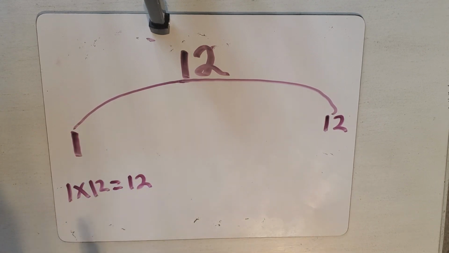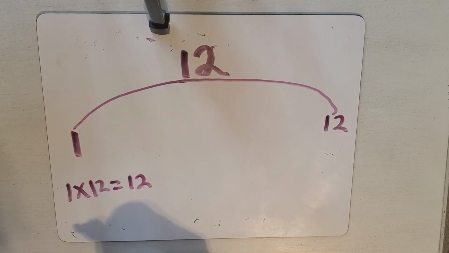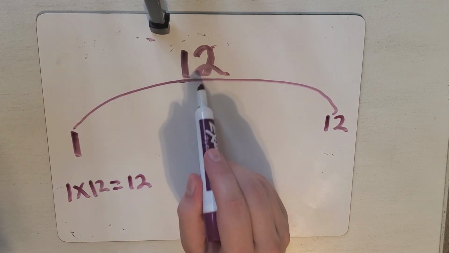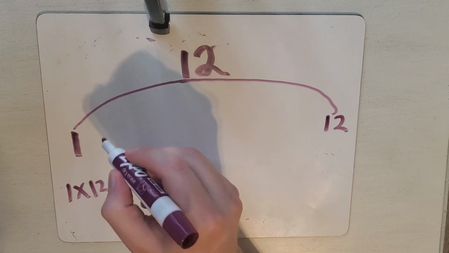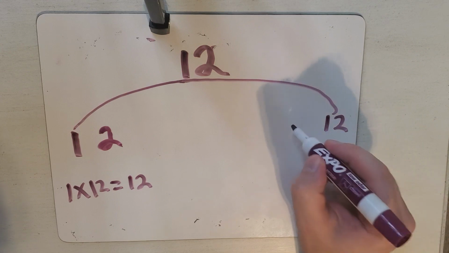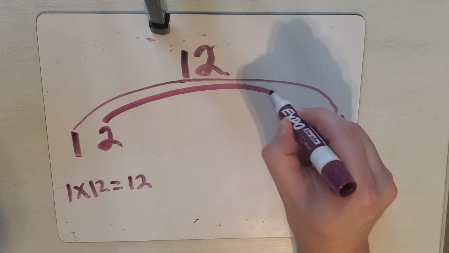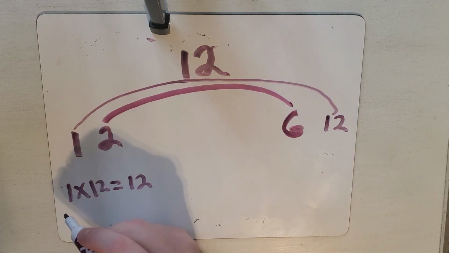Then I start going to the next number, 2. Can 2 be a factor? Is this an even number? Yes. If it's an even number, then 2 is definitely a factor. I know from my times tables, 2 times 6 is 12. I got 2 and 6.